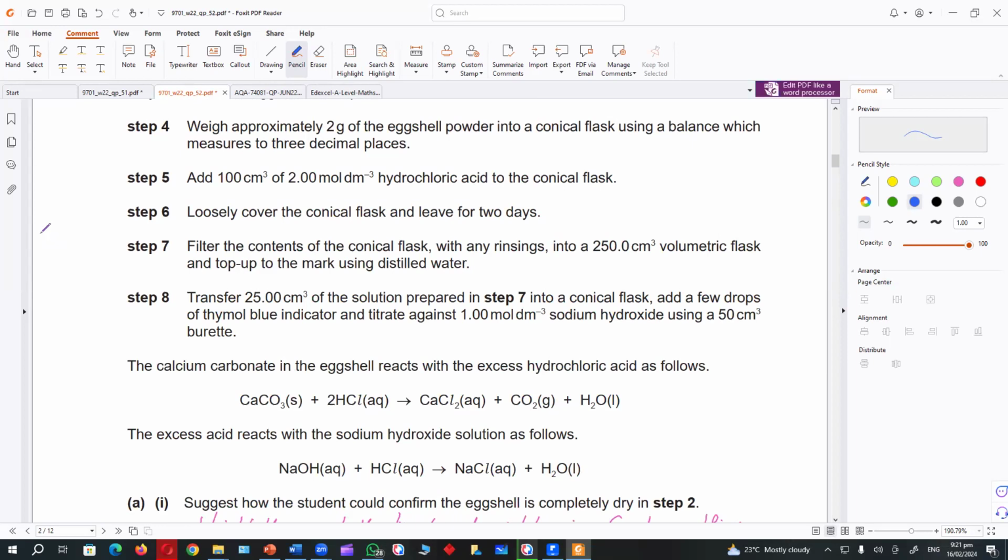Transfer 25 cm cube of the solution prepared in step 7 into a conical flask. Add a few drops of thymol blue indicator and titrate against 1 mole per dm cube HCl using a 50 cm cube burette. So NaOH to HCl is 1:1, right?